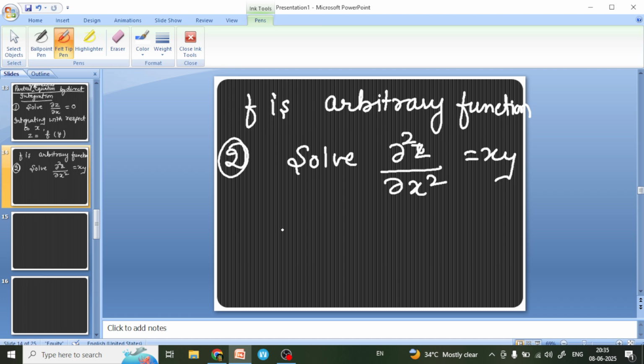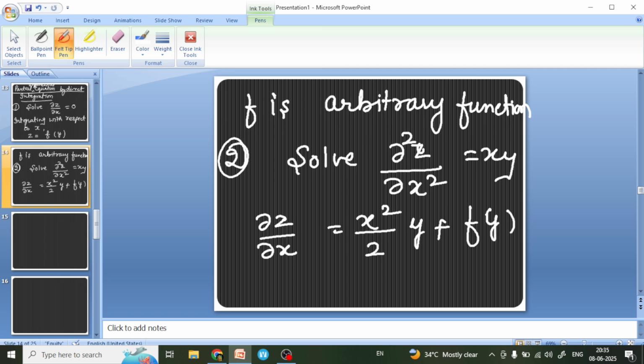Integrating with respect to x, derivative of z over derivative of x equals x square over 2 into y plus a function of y. How do we get it?